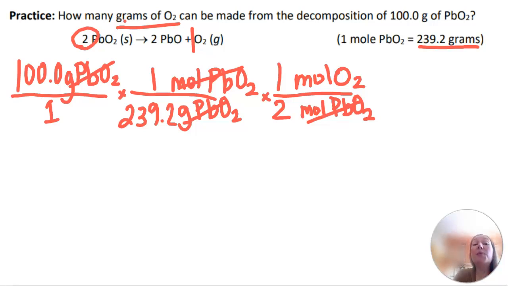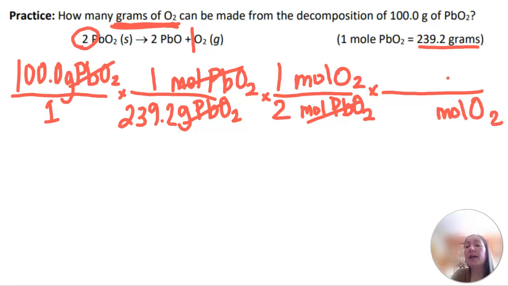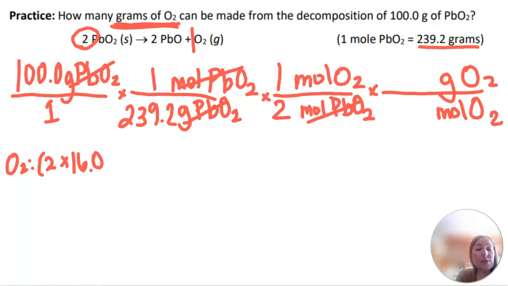Okay, but the problem wants grams of oxygen, not moles, so we have one last step to do. So we bring down moles of oxygen, and we need to get to grams of oxygen. We'll need the molar mass of 2 oxygen atoms to do that. So, somewhere on the side, maybe you want to calculate the molar mass for 2 oxygen atoms is just 2 times its mass of 16.